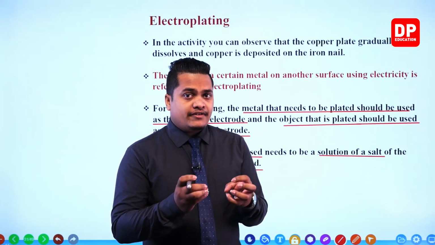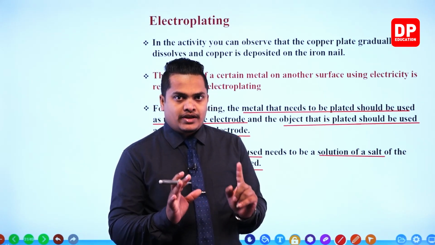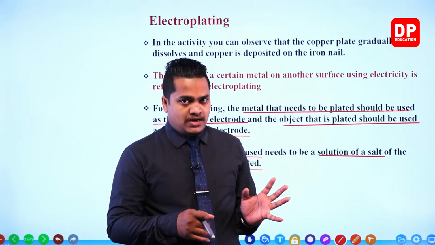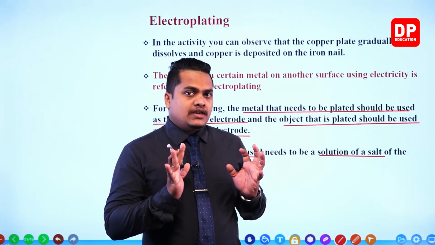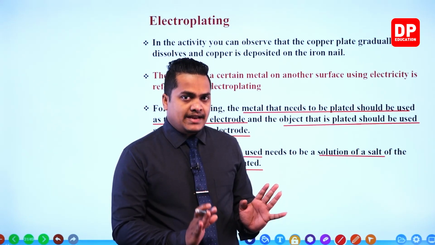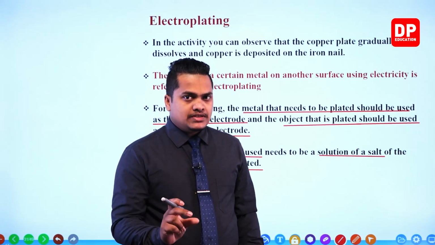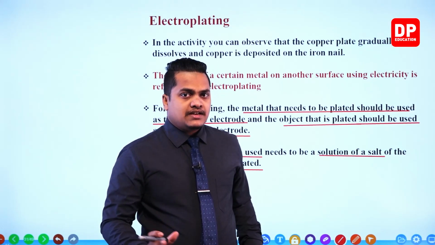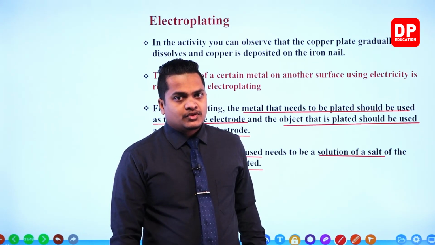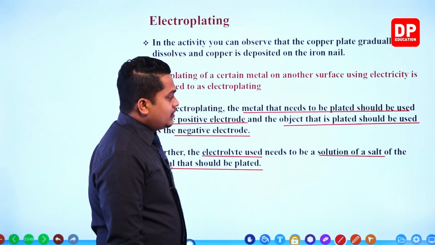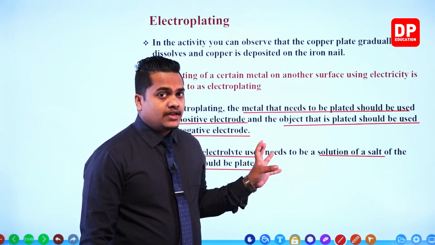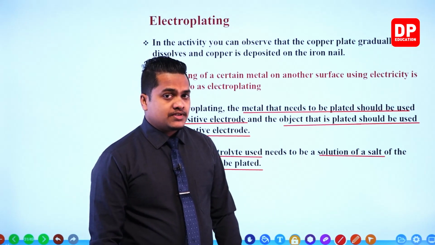There are different electrolytes that have the same metal, but we use one electrolyte containing the metal to be plated. These are the special key points in doing the electroplating process, my dear children.